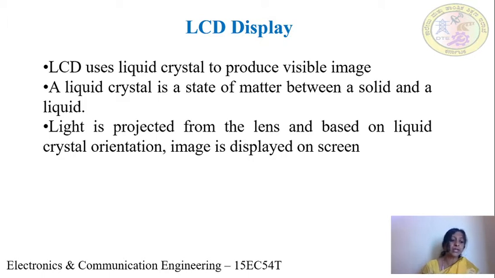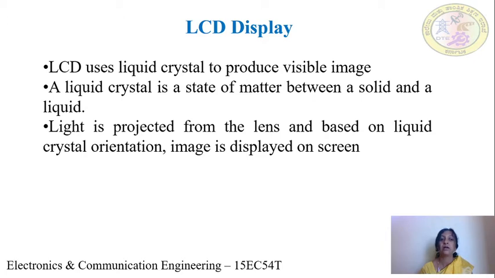So LCD uses liquid crystal. The light is projected from the lens, and based on the liquid crystal orientation, the image is displayed on the screen. When you want to display an image on the screen, we pass a light. When it is passed through the lens, the liquid crystal will have certain molecules, just like rod-shaped molecules.